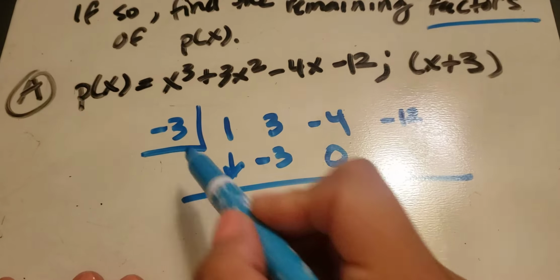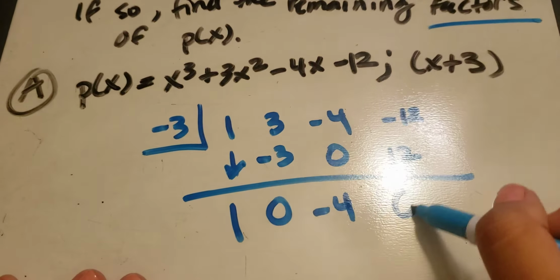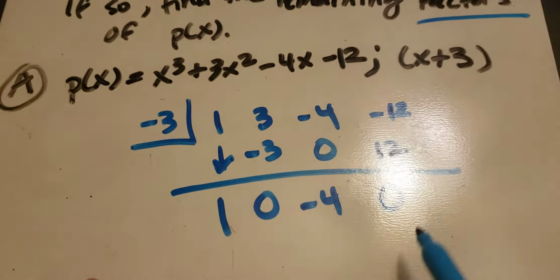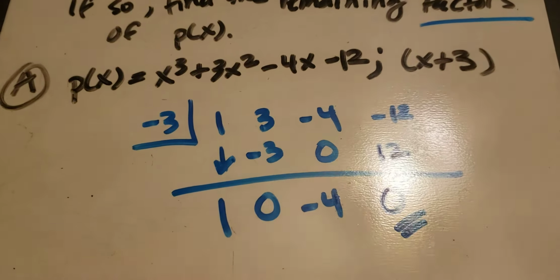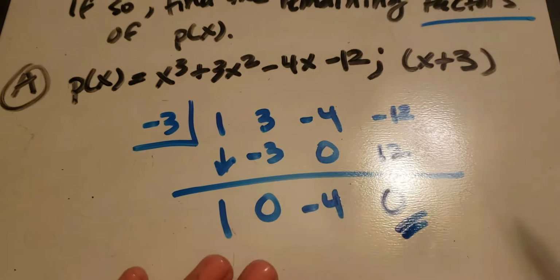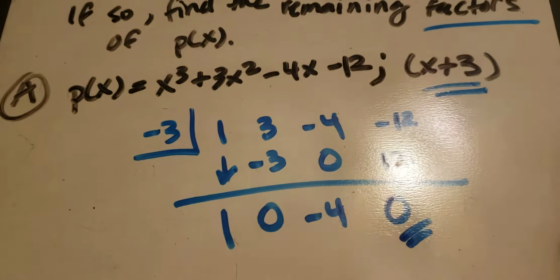Negative 4 times negative 3, positive 12. And if we combine like terms, that's 0. Remember what I had previously said? Our very last value is always going to be our remainder. But in this case, since it's 0, we don't have any remainders. What that means, that x plus 3 is a perfect factor. It goes in evenly, okay?